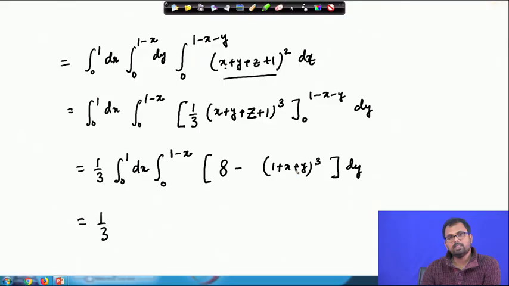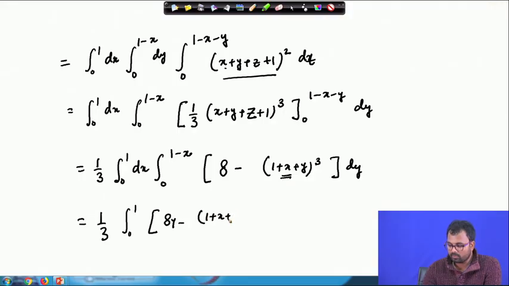Now we integrate with respect to y only. So again, when we integrate with respect to y, then x will be treated as constant, and 1 and 8 are of course treated as constant. So let us integrate. Then this will be 8y minus (1 plus x plus y) to the power 4 divided by 4, integral from 0 to 1 minus x dx.